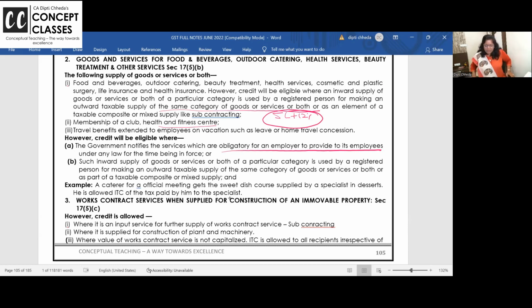I want to reread it. When the government notifies the services which are obligatory for an employer to provide to employees, it's allowed. Or such inward supply of goods or service or both of a particular category is used by a registered person for making an outward taxable supply of the same category of goods or service or both as part of a taxable composite supply, then ITC will be allowed.